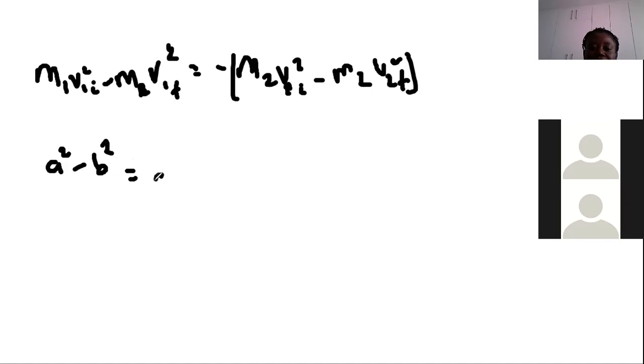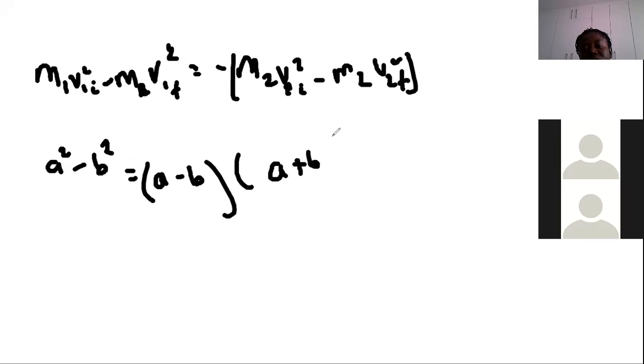This is the same as a minus b multiplied by a plus b. If you multiply this out, it will give you back a squared minus b squared. So we can write this one here in that form.